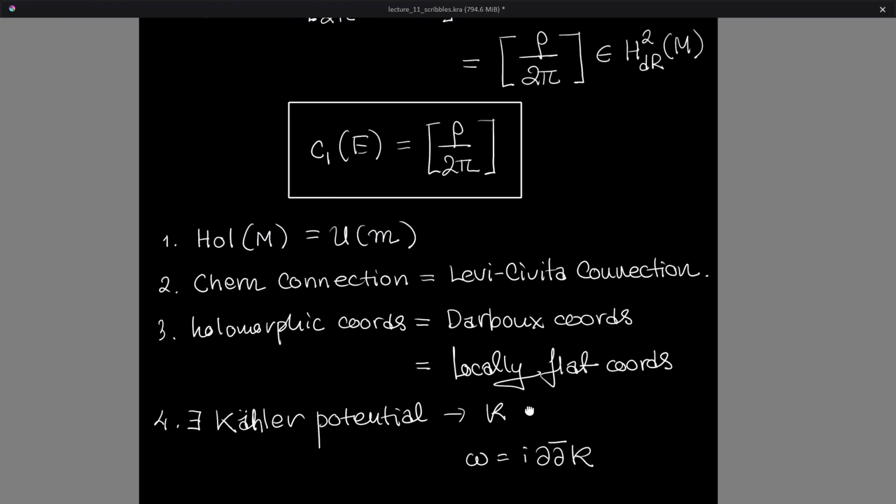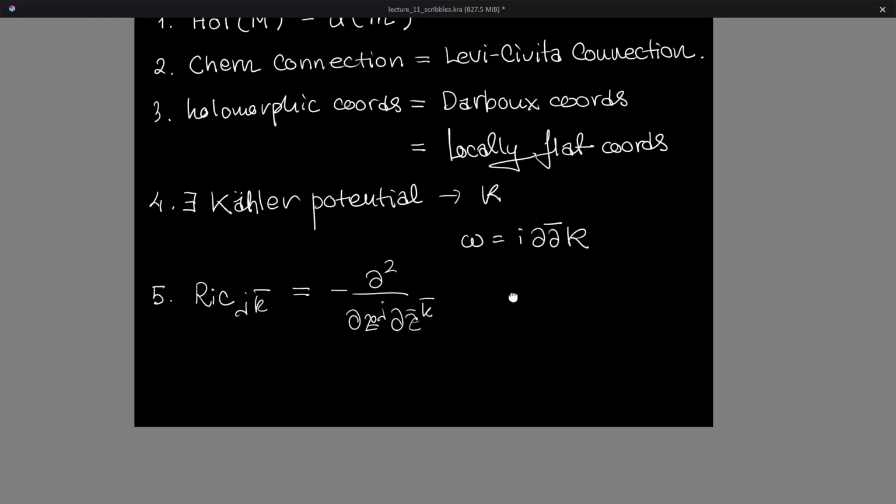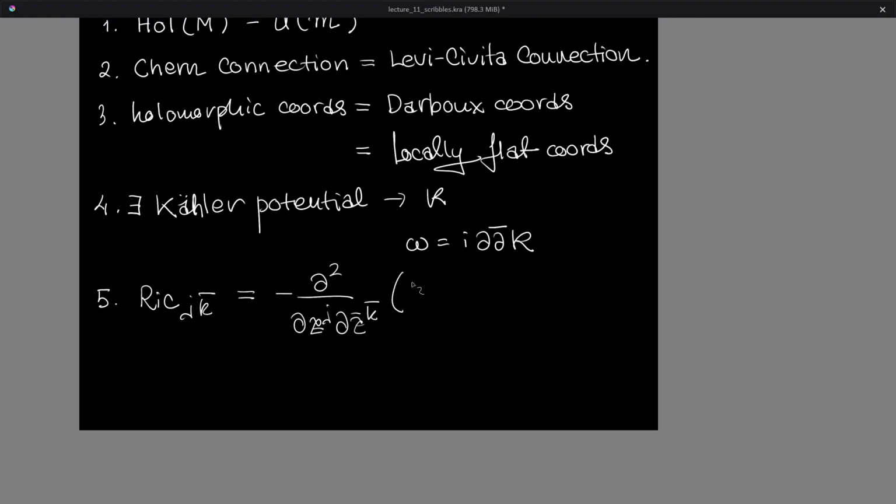Five, we saw that the Christoffel symbols mean that the Ricci tensor looks like this. R_{j k bar} is equal to minus partial squared partial z_j partial z_k bar of the logarithm of the determinant of h_{j k bar}.